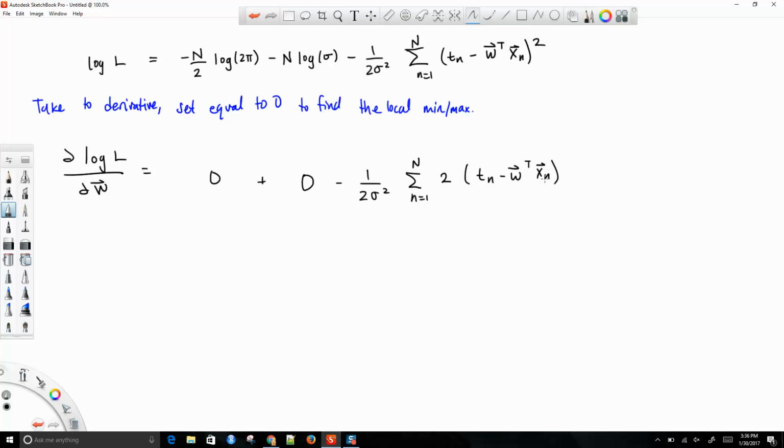So now I have to multiply it by the derivative of what's on the inside, so that's going to be negative xn. Just rearranging some stuff around, this 2 is the same for everything, and then the negative comes out, so I have 1 over sigma squared times the sum from n equals 1 to N of xn times tn minus w transpose xn.